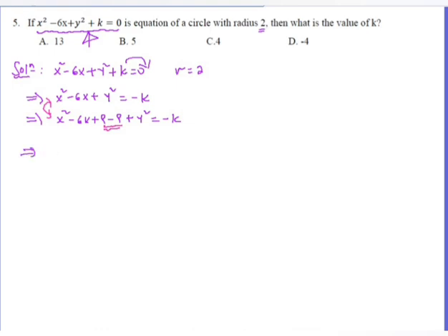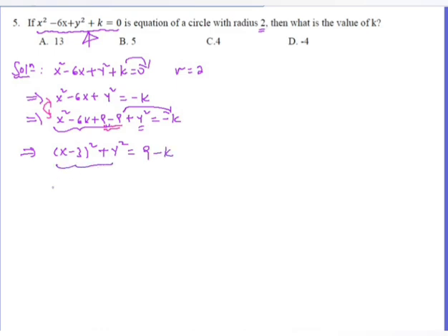So using the completing square method, this part can be written as x minus 3 the whole square. Then you can take this negative 9 to the right, and let us keep y on the same side. y squared is equal to 9 minus k.